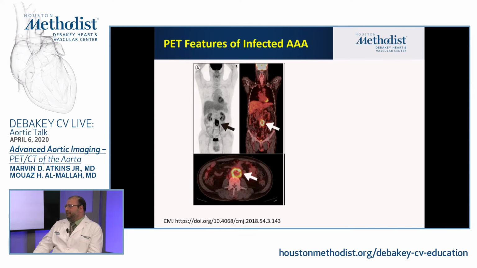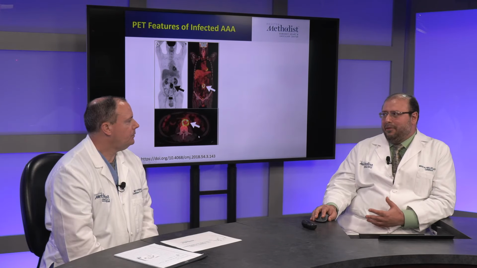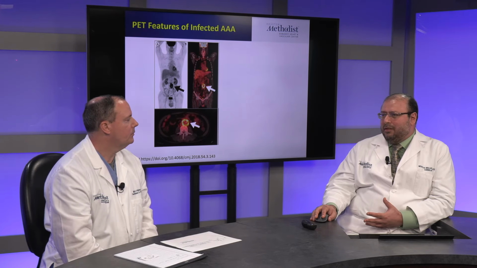Inflammatory abdominal aortic aneurysm versus infected, primarily infected. Yeah, so with inflammatory abdominal aortic aneurysm, unless it's a very bad inflammation, usually infection will have more uptake. But for example, after a graft surgery, you will have some healing process going on, and there will be some inflammation around the graft as part of the healing process.